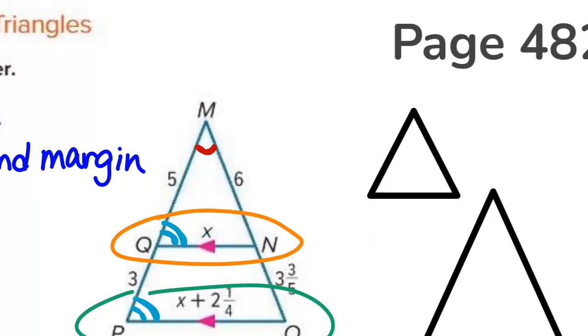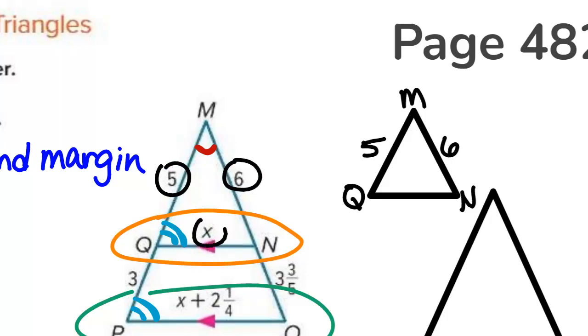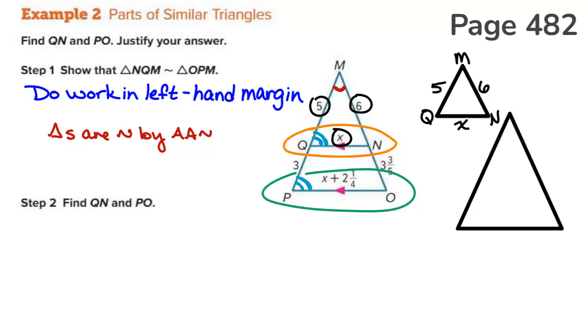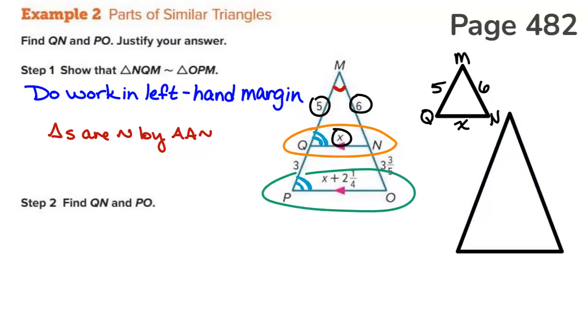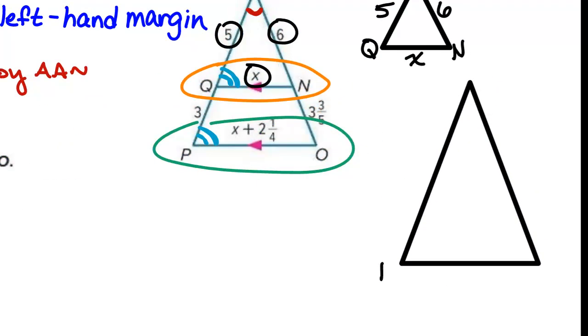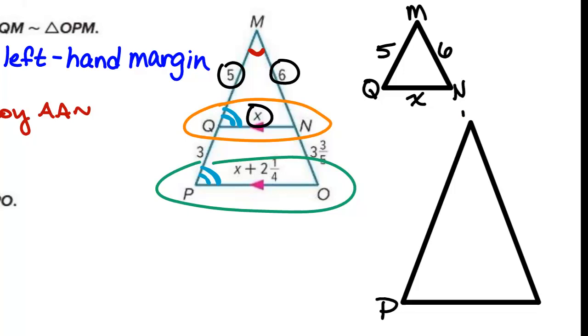The small one has vertices Q, M, and N, and its sides are 5, 6, and X. The larger triangle has vertices P, M, and O.